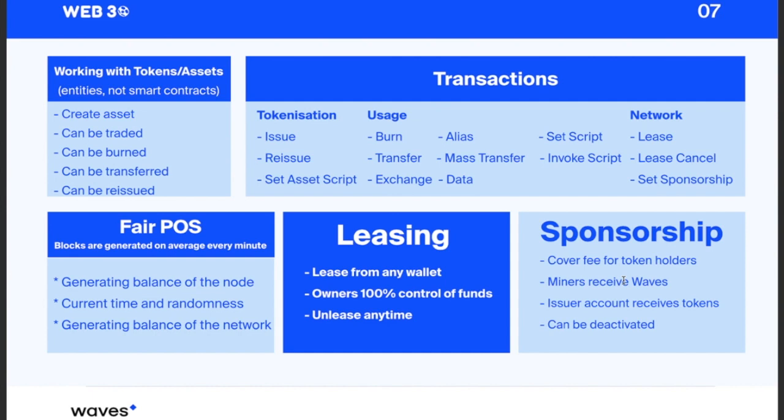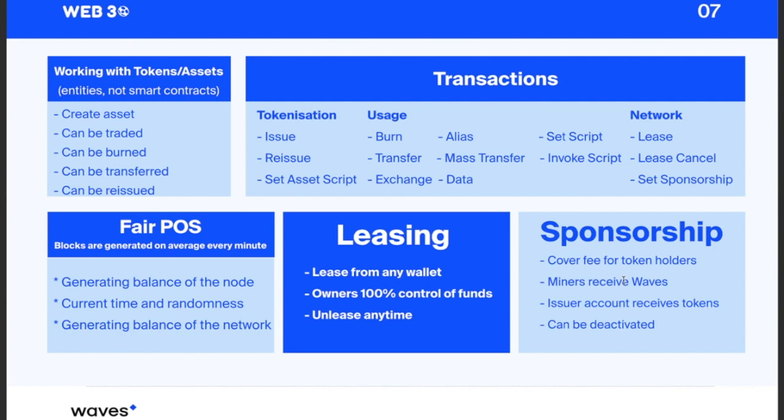Now, when people use your token as a transaction fee, miners cannot receive that token. All they want is Waves. So the Waves is deducted from the account that issued the token, your users are able to pay with your own token, and the token is returned to your account. And it's important to know that you can also deactivate this feature whenever you want.